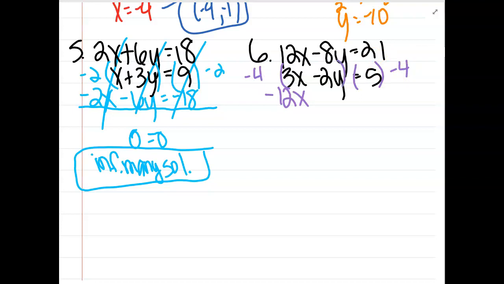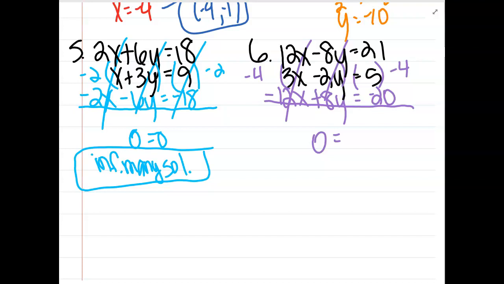So negative 4 times 3x gives me my negative 12x. Negative 4 times a negative 2y gives me a positive 8y. And then 5 times negative 4 gives me negative 20. Like the last one, what happens with your x's? They cancel out. And what happens with your y's? They cancel out. So on the left-hand side, I have 0. But on the right-hand side, I have 21 and negative 20.